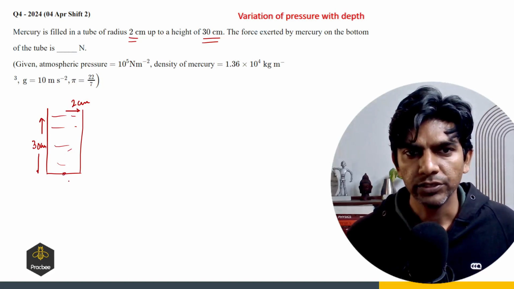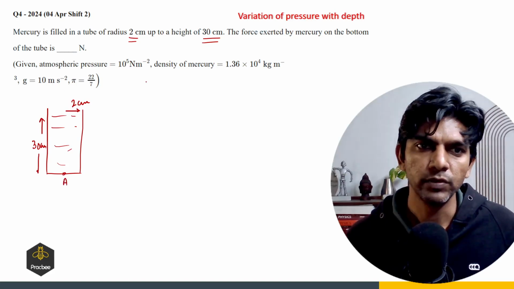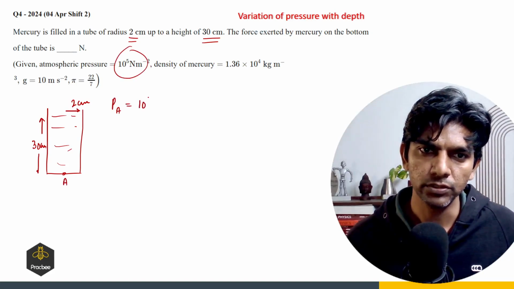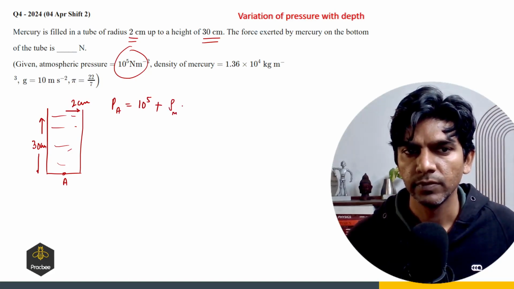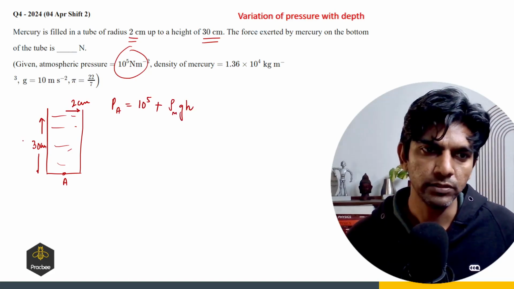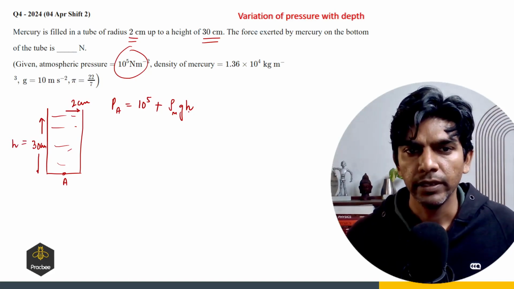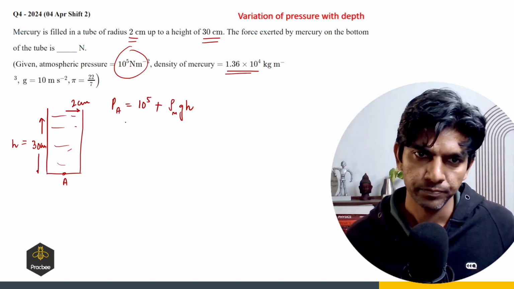So we know the pressure, and we have to find the force exerted. So what is the pressure at A? We have been given atmospheric pressure. So pressure at A will be atmospheric pressure plus rho gh, rho of mercury, g and h, where h is 30 centimeter, g is 10, and rho is given as 1.36 into 10 raised to power 4.